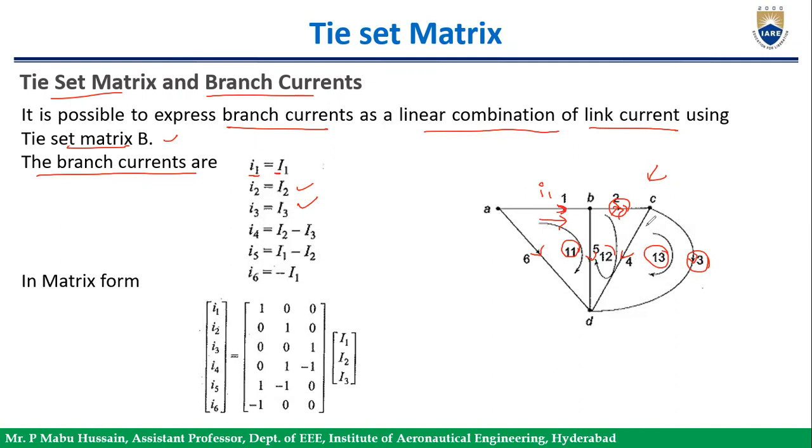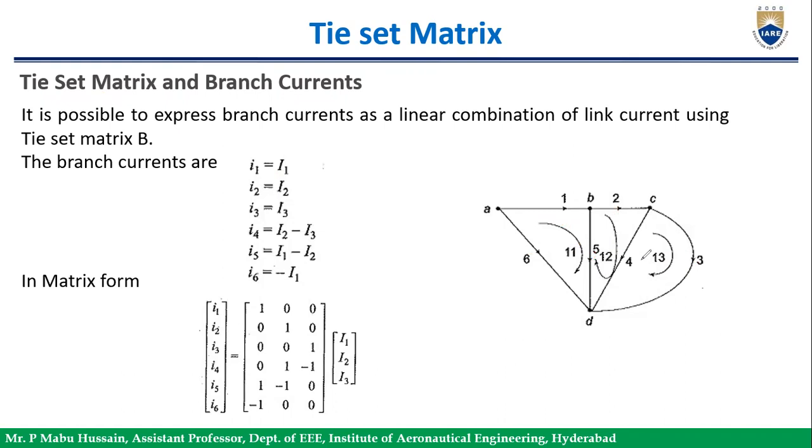If you observe this branch 4, in this branch 4 we have two currents. The actual branch current is this one. If you represent it with loop currents, this is in this direction, and I2 is in this direction. So I2 minus I3 will be your small I4. Okay, small I4 is equal to I2 minus I3.